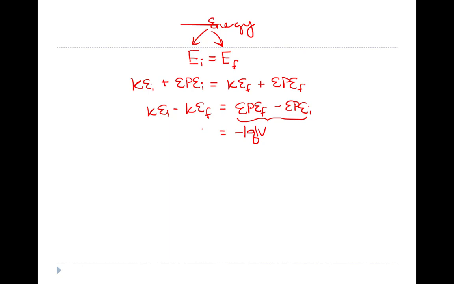Hope that makes sense. Kinetic energy initial will be 1/2 m V initial squared minus 1/2 m V final squared. I said it several times. I don't know if I wrote it, but V initial equals 0 because we're releasing from rest.